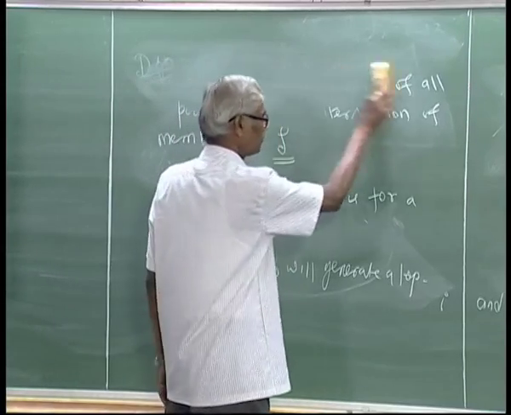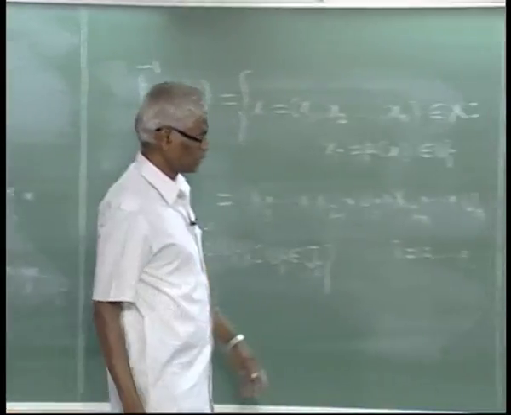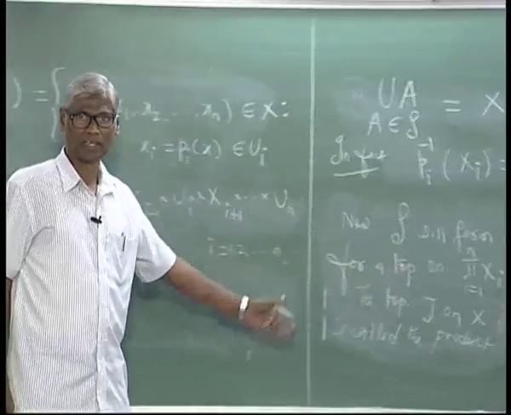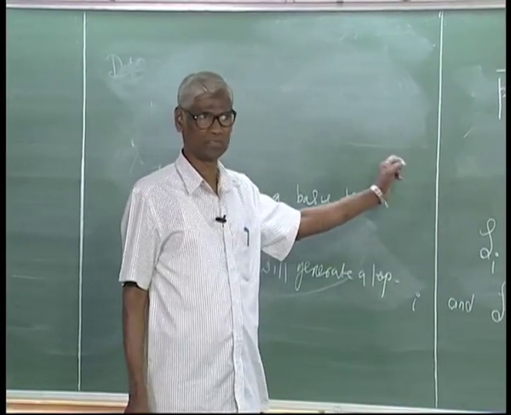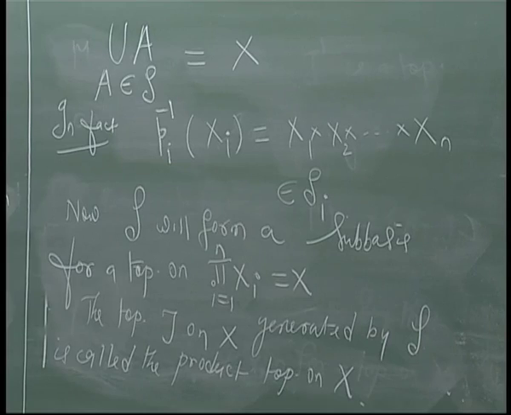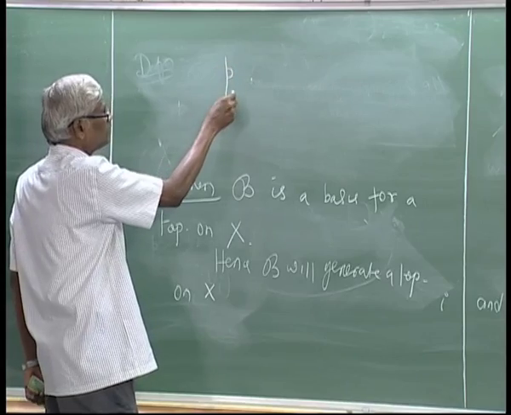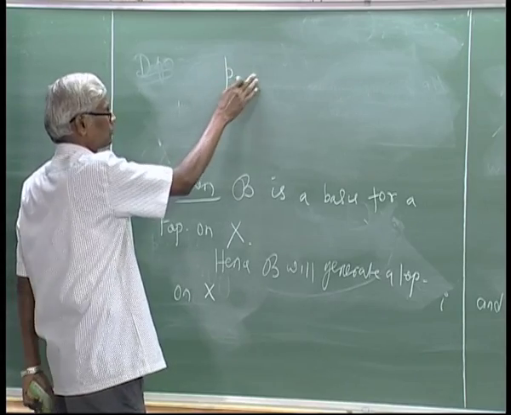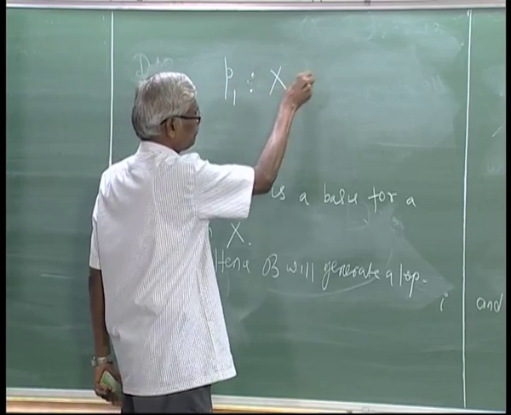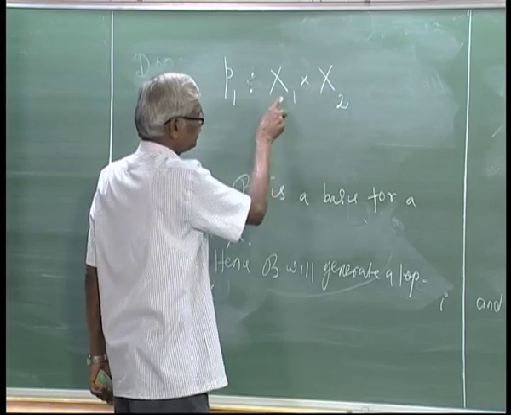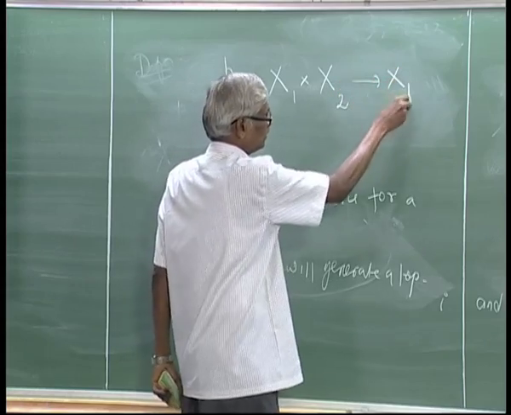Now, with respect to this topology, that is why we wrote in the beginning, we want to define not just a topology; we have defined this unique topology which has these properties. So, for example, when n equals 2, P1 is a function from the topological space X1 cross X2 to X1.